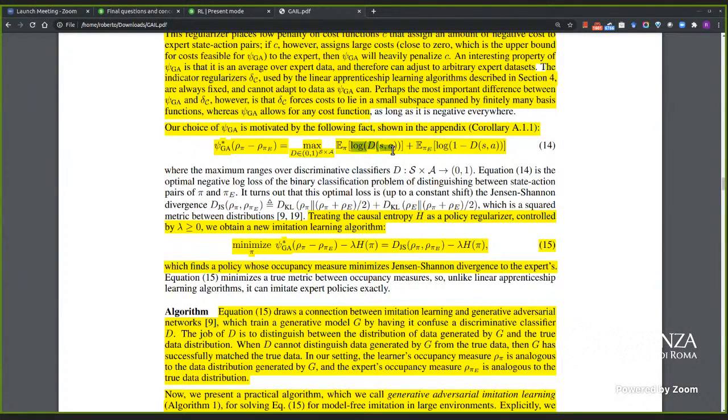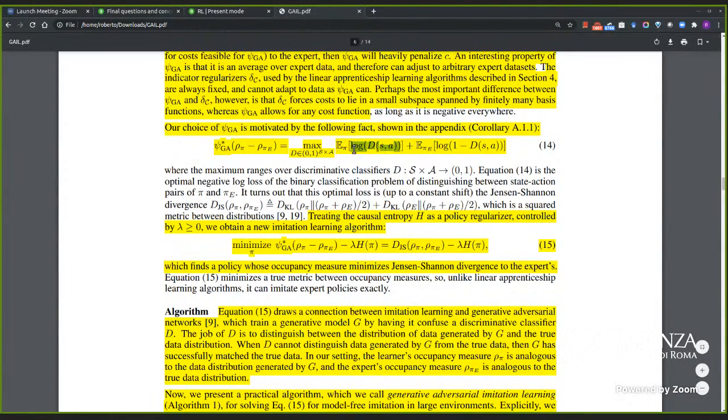Now, this is not exactly matching the formulation that we had before, because this is using a log loss, in a binary classification form. Which means that you are maximizing the logarithm of d for one set of data and the logarithm of 1 minus d for the other set of data.